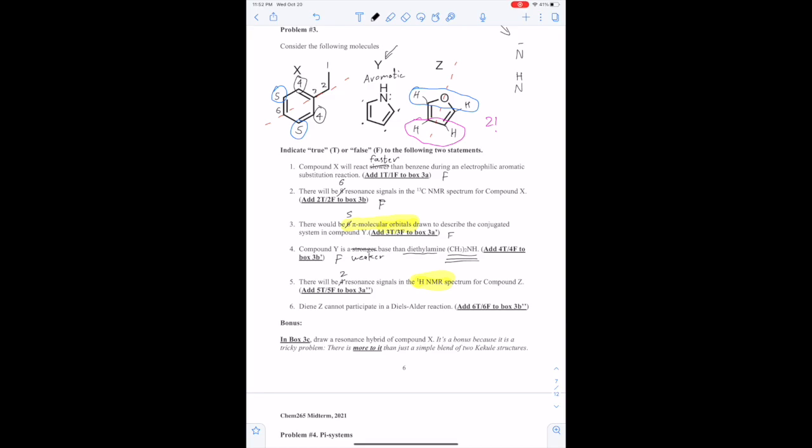Okay, last one is diene Z cannot participate in a Diels-Alder reaction. So the way I did this question on the midterm was probably not how the professor wants you to do it. But this is a molecule we've seen constantly in our examples for Diels-Alder reaction. This is like the bread and butter of the diene of Diels-Alder reactions.